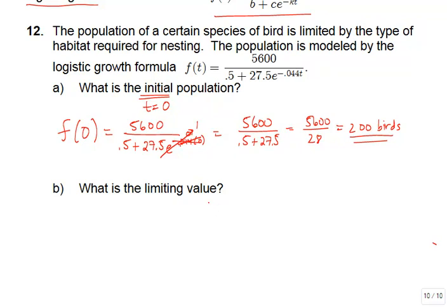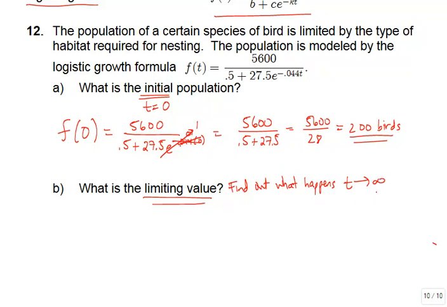So to find this limiting value, what we're going to do is find out what happens in the long run, because that's going to be this limiting value. What happens in the long run as this population stabilizes? And in the long run, that means time is getting infinite.